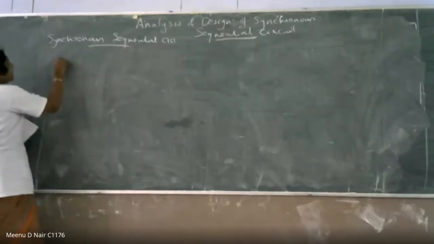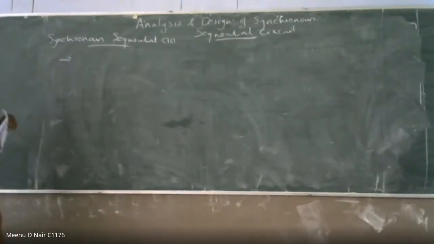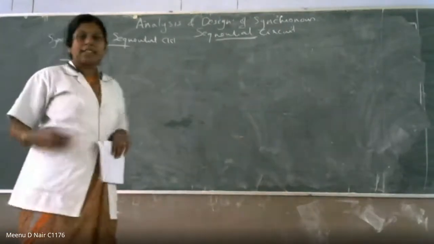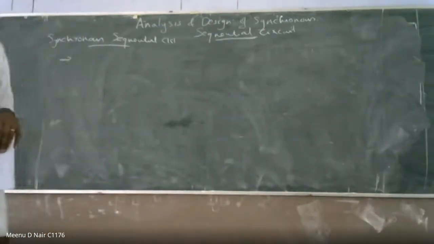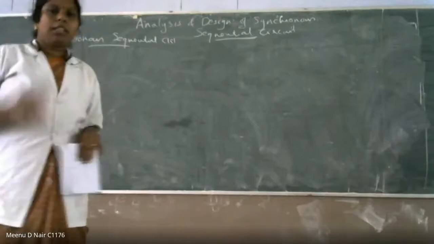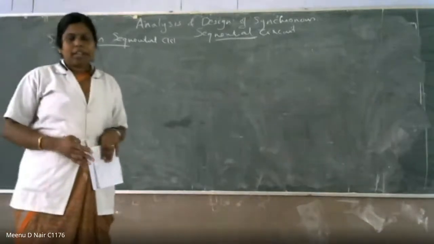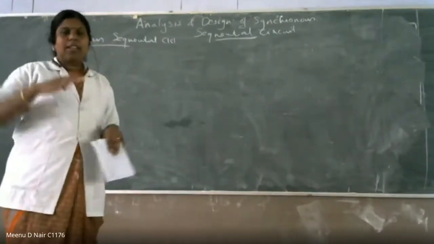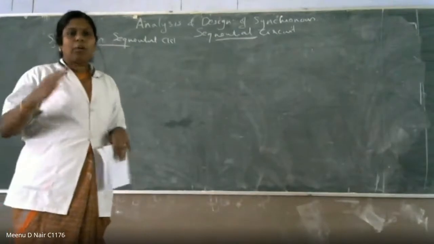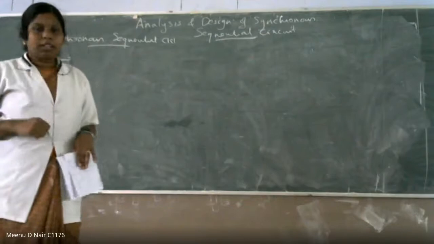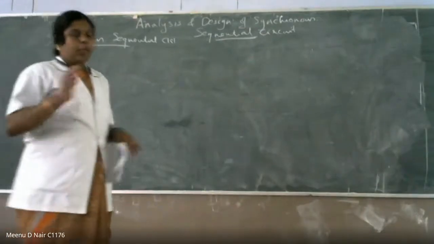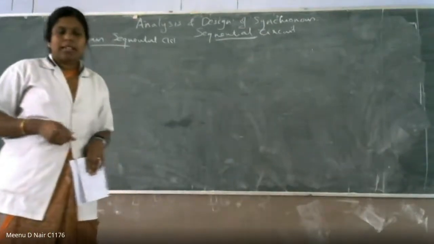In the synchronous sequential circuit, actually in the counters also we have seen what is synchronous and asynchronous. Synchronous means we are giving clock signals to all the flip-flops at the same time, right? So that is the meaning. So a synchronous circuit is nothing but you will get the output at the specified intervals, that is based on your clocked pulses, right?